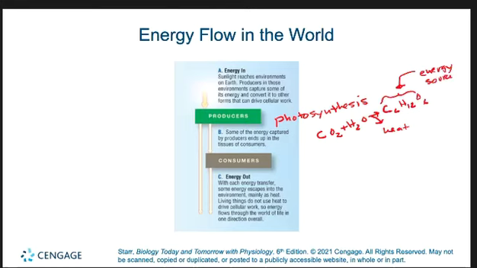Why does it have energy in it? Because of the sun. Well, let's be more specific. Red and blue wavelengths of electromagnetic energy from the sun drove this process, because these guys are low energy.